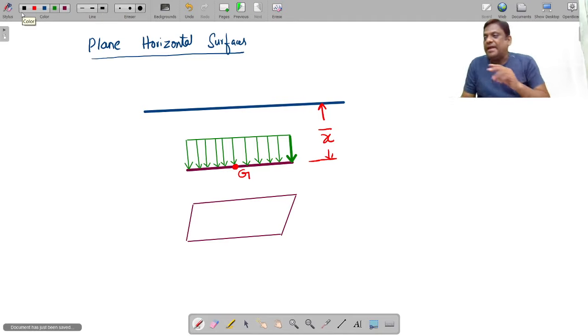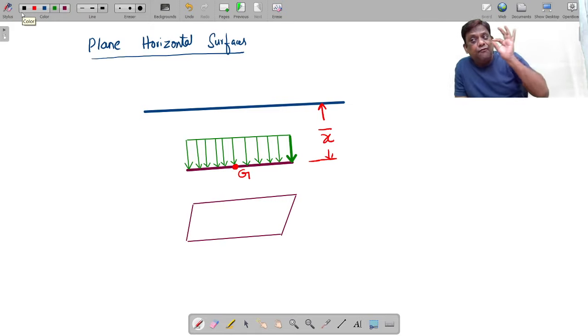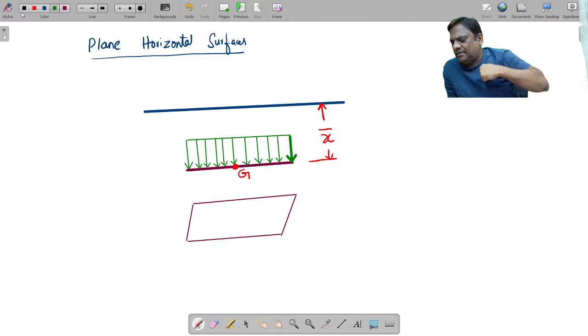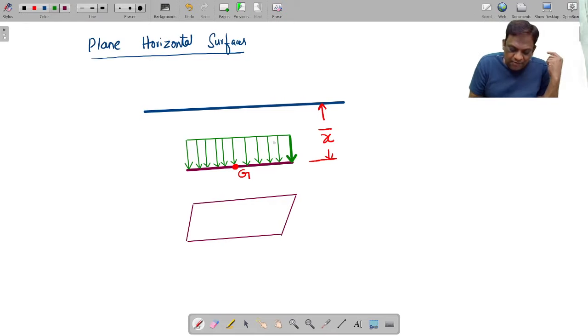Very good. My question to you is, if all are at the same depth, in the previous case the pressure was changing with depth. But here all are at the same depth, so where will be the force? Okay, chalo, we'll take the previous inclined case.